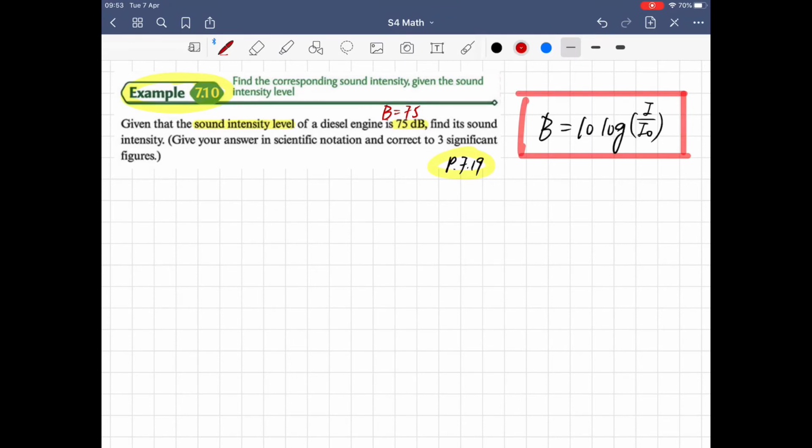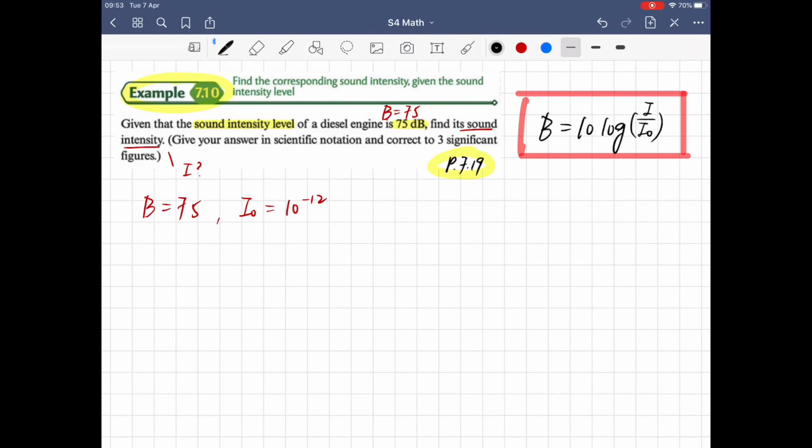Okay, and it asks you to find the sound intensity. That means we are going to find the I, and then it asks you to correct your answers to 3 significant figures. Okay, so this time we know that B is equal to 75, and again I log is equal to 10 to the power negative 12.